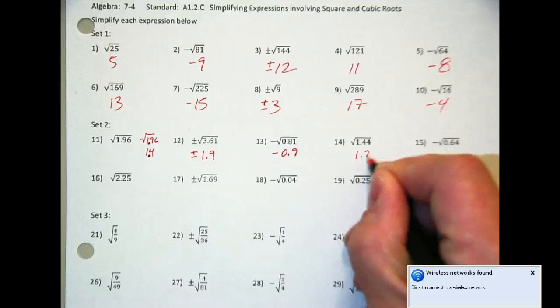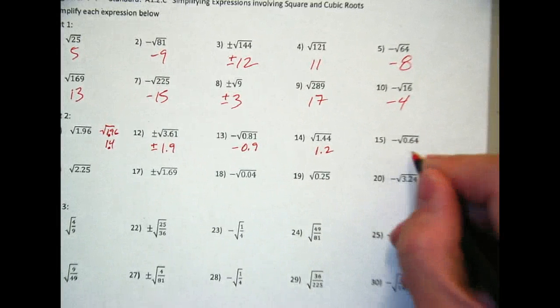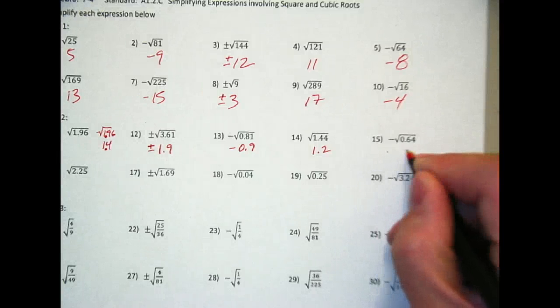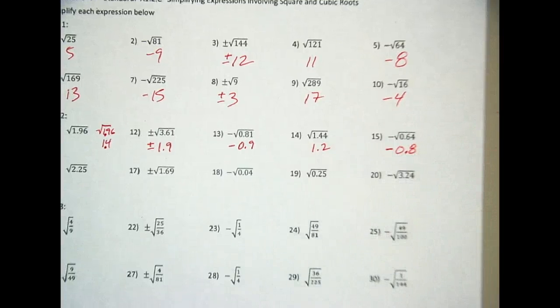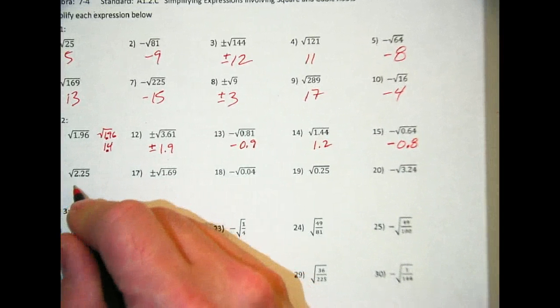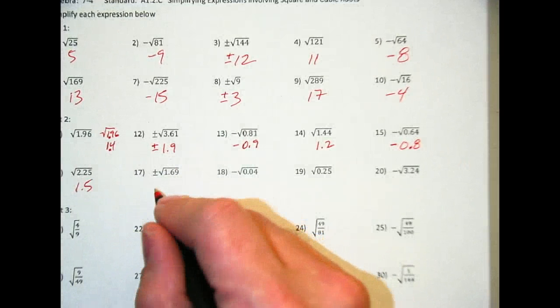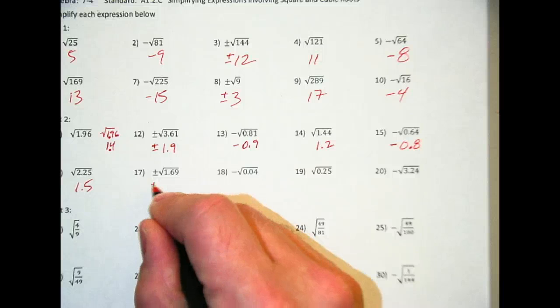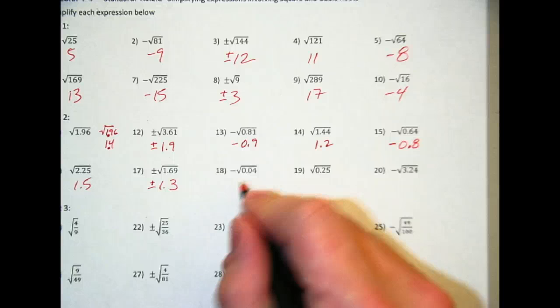Okay. Number 14, Lily. 1.2. Good. Number 15, Marie. 0.8, with a negative, right? Okay. And Ayla, number 16? 1.5. Good. Number 17, TT? Plus minus 1.3. Good. Number 18, Brendan?